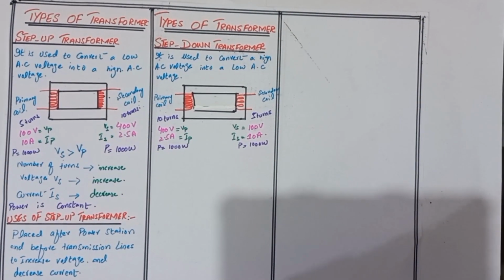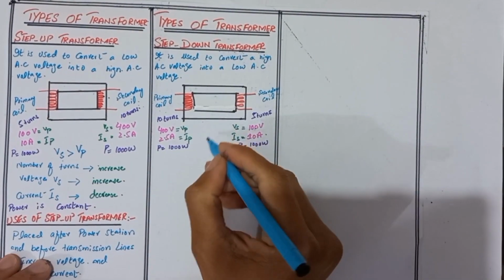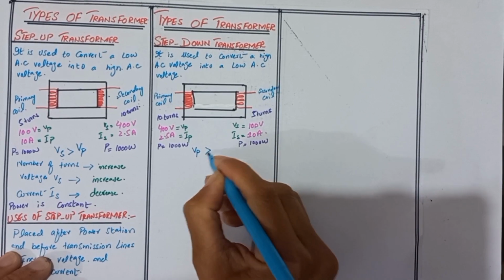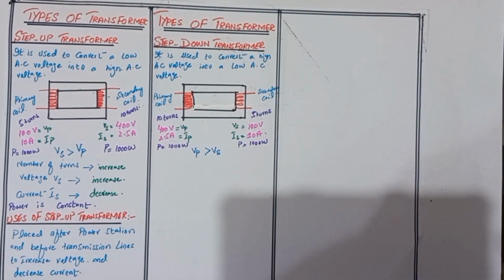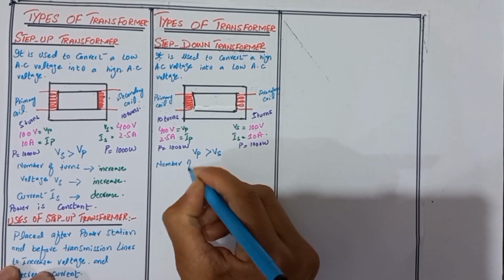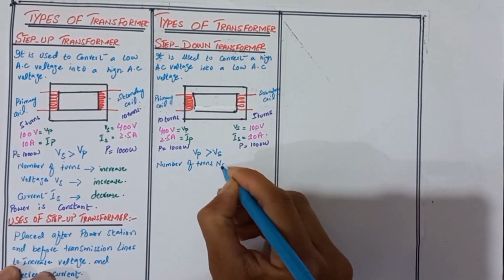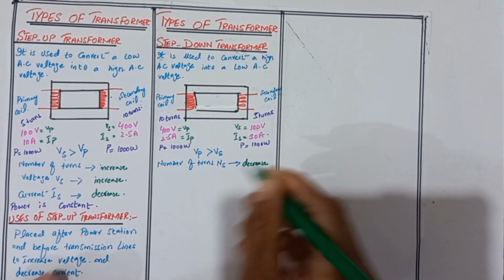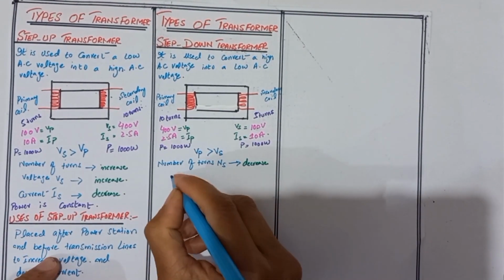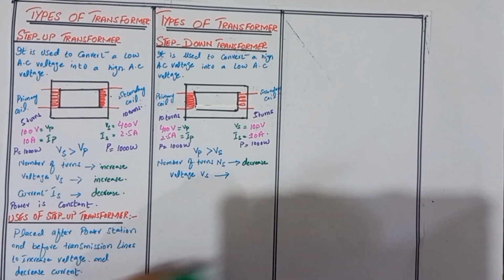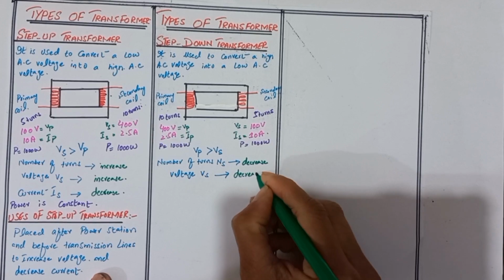Here we say that the number of turns in the primary coil is greater, so Vp is greater than Vs. The number of turns Ns decreases, so voltage Vs decreases.